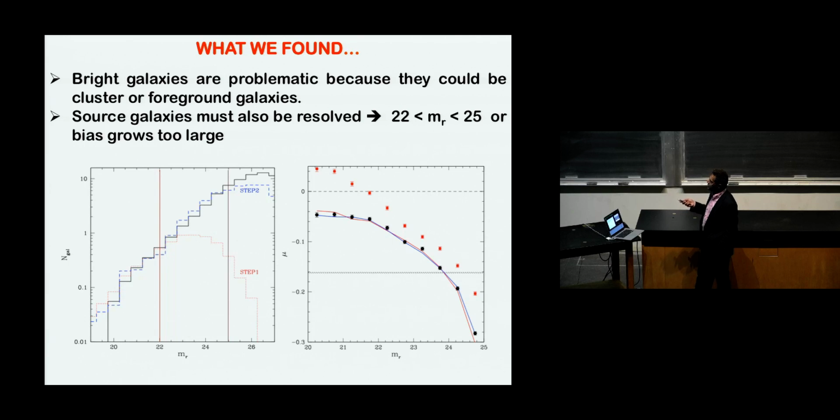This is a distribution of galaxies as a function of magnitude, in other words, how faint they are. The fainter they are, there are more galaxies further away, but they're also smaller and more difficult to measure their sizes. And so usually there's a limit. At the 25th magnitude, you say the galaxies are too faint, I'm not going to be able to measure their shape. This is the faintest galaxies I will study.